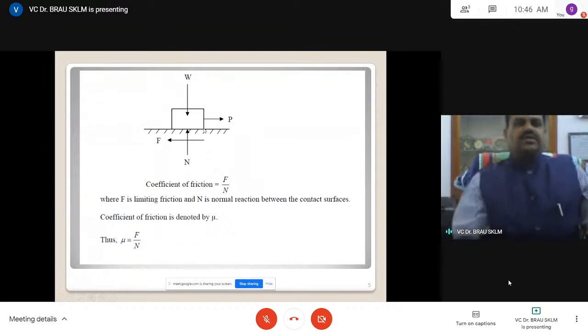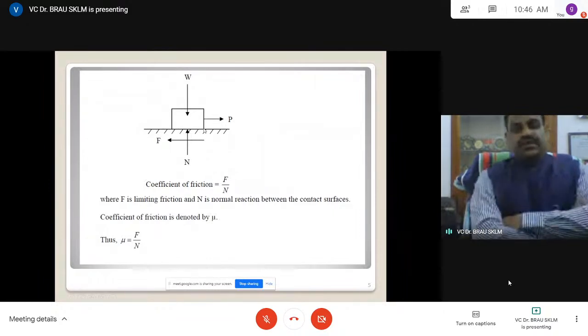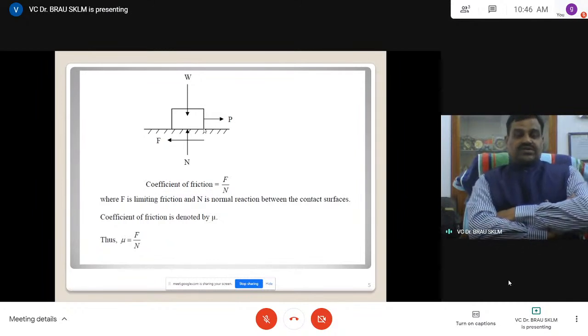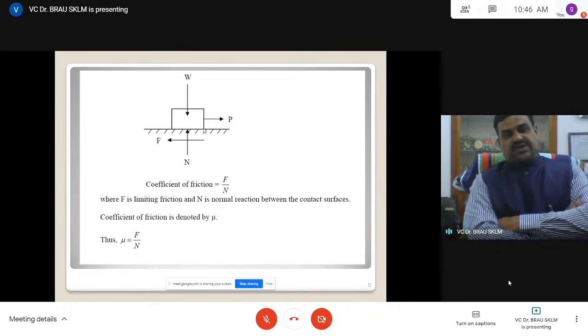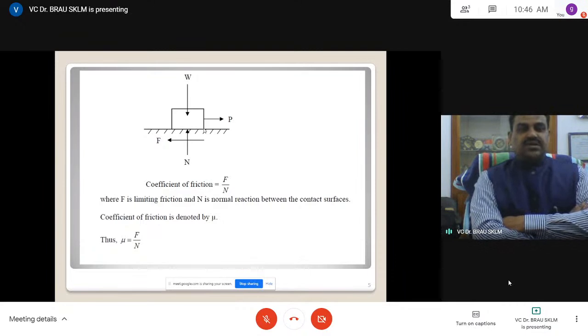This is how generally we try to define the concept of friction. This is the standard definition of friction. The one term which we are introducing here is the coefficient of friction, that is mu. Mu is equal to F by N, that is the frictional force divided by the normal reaction. In some textbooks N can be represented as R, and some even use the Greek letter eta.